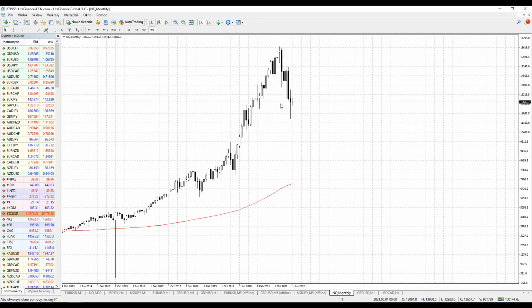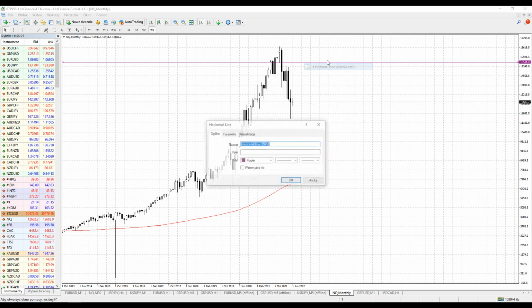That's the thing. We might consider a little bit lower levels when it comes to the indices, and that's what we are going to discuss today. So that's the Nasdaq, that's the monthly chart.